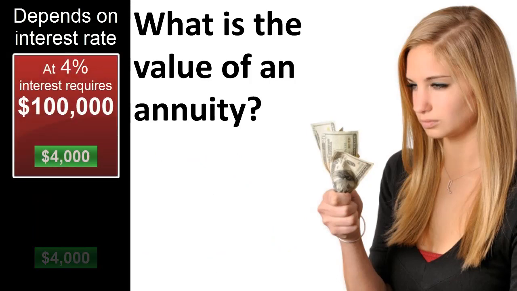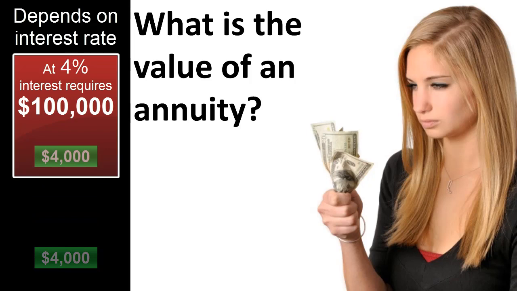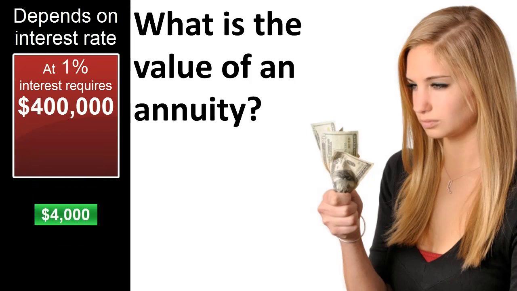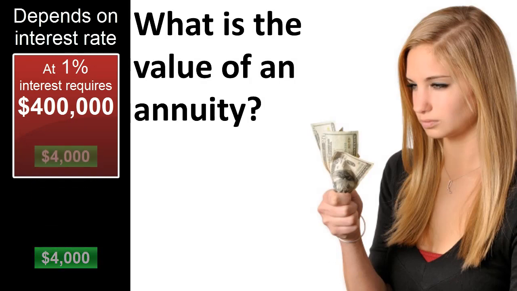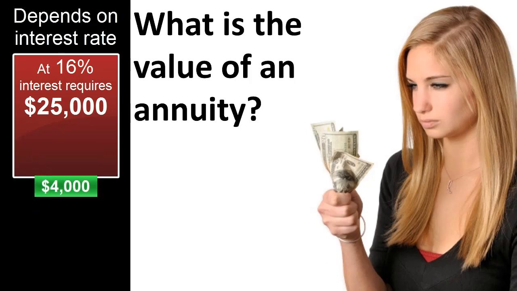Generating $4,000 each year when interest rates paid 4% would require a $100,000 investment. If the interest rates paid 1%, this would require a $400,000 investment. And if interest rates paid 16%, this would require only a $25,000 investment.